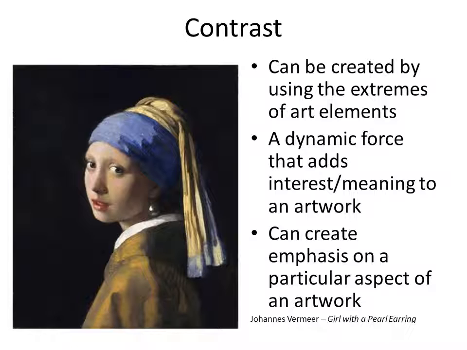So it is a dynamic force, and it adds interest and meaning to an artwork and can create emphasis on particular aspects of an artwork. So Vermeer's Girl with a Pearl Earring, that very plain, dark background, contrasted against the very light, light-filled face. It intensifies our focus on her face and her beauty and her purity.